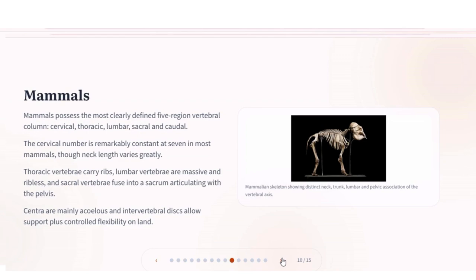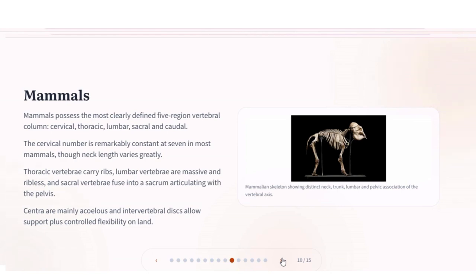Mammals possess the most clearly defined five regions of the vertebral column: cervical, thoracic, lumbar, sacral, and caudal regions. The cervical region has a constant number of 7 bones, though neck length varies greatly.